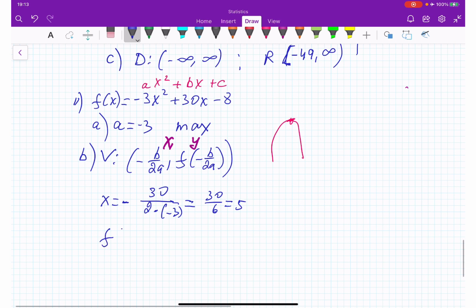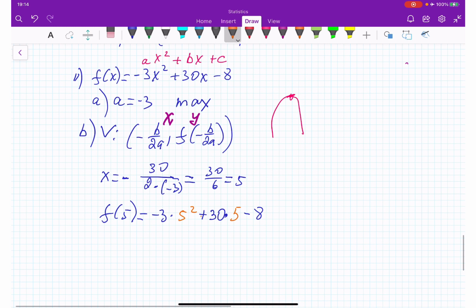Now f of 5 is going to be, let me plug in, negative 3 times 5 squared, plus 30 times 5, minus 8. So first of all, 5 squared is 25. 25 times negative 3 is negative 75, plus 150 minus 8.